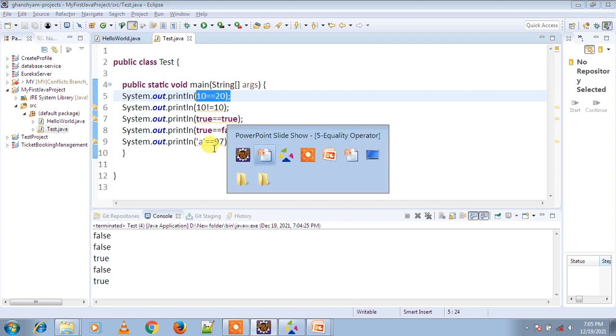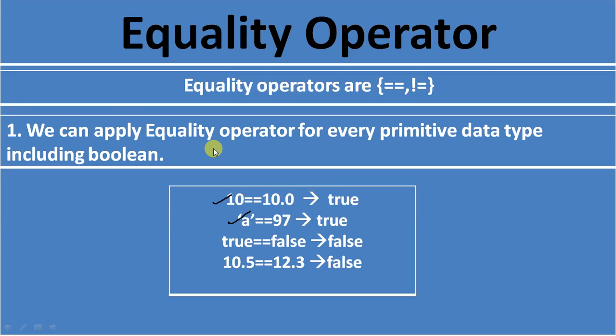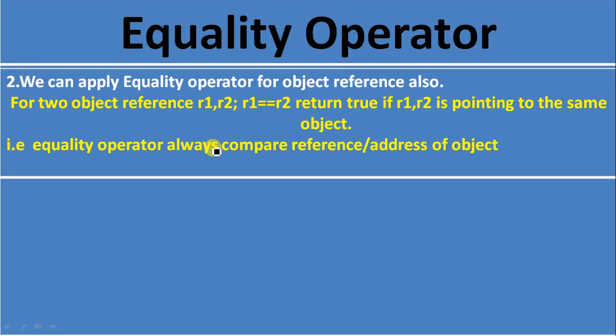Okay, now again go to the sheet. Number two point is we can apply the equality operator to object references also.